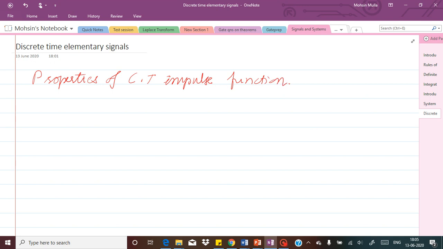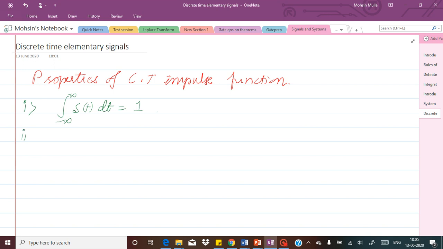So the very first property is that if the integration is evaluated for the impulse function del of t, then as we have said that it has unit area, the area under del of t will be equal to 1, because it has 0 width and infinite height, so that leads to unit area.